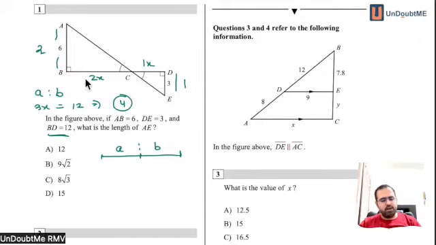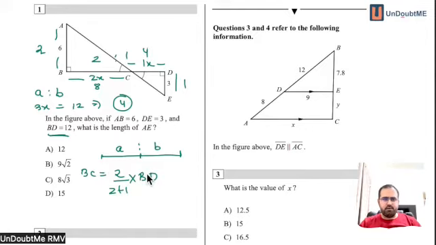That will give me the value of x as 4. So the length of BC is 8, and this will be 4. That is one way. One more way is that if this ratio is 2 is to 1, then you can write the length of BC as 2 over 2 plus 1 times BD. Have you done this before or not?